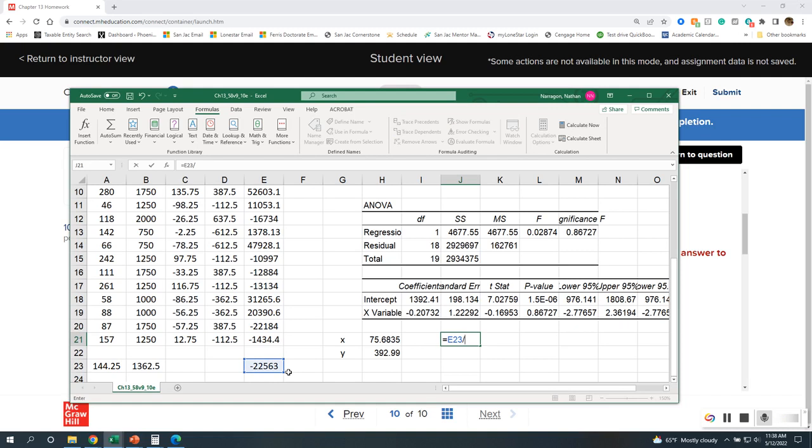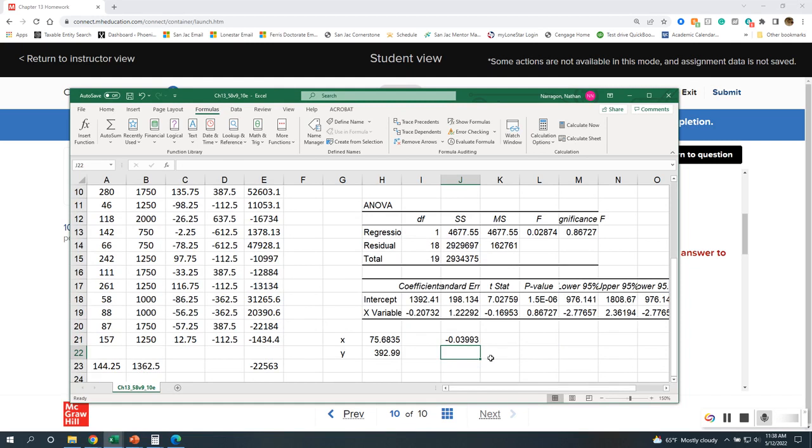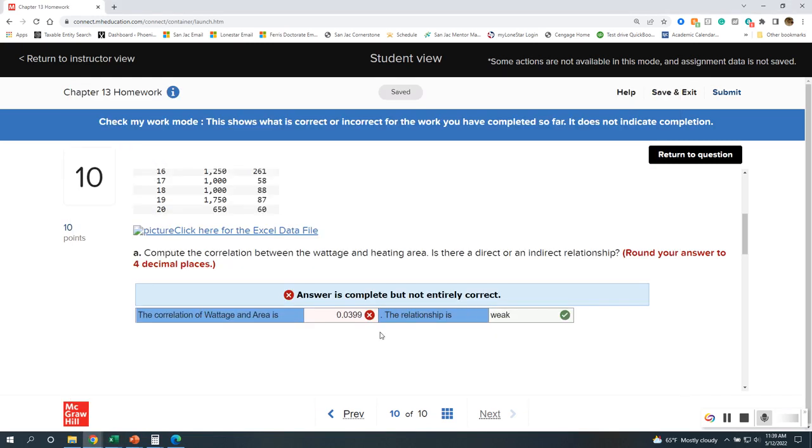Alright, so our formula is equal to this number divided by, parentheses, 19, n minus 1. Or I can just do n minus 1 times the x times the y standard deviation. So it's a negative 0.033993.